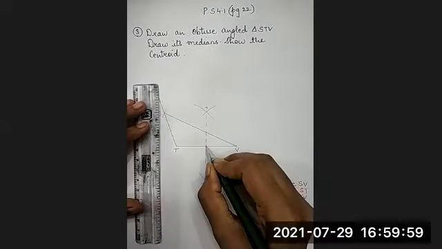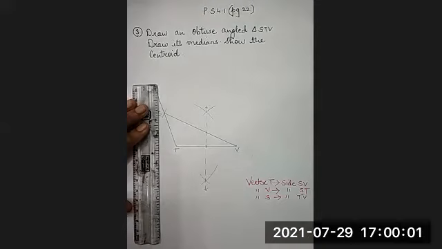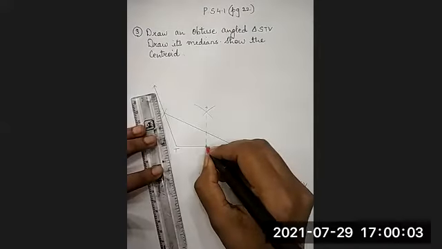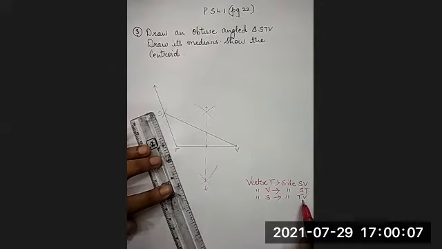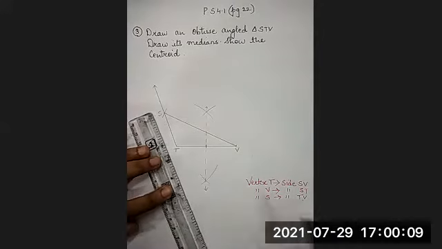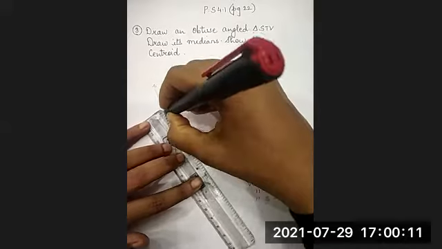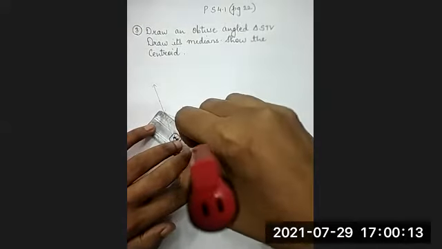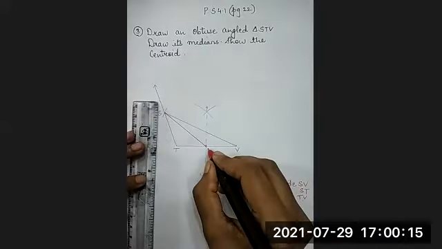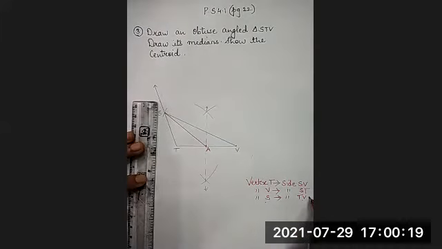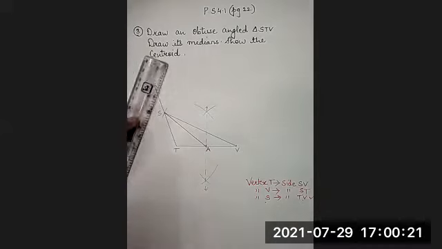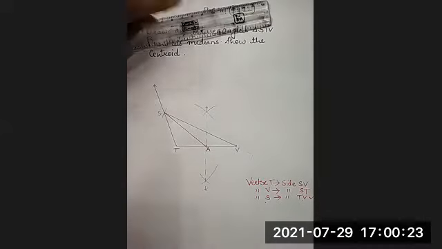So what I need is this point, that is the midpoint. Now this is on side TV. So for side TV, the vertex is S. So from this vertex S, we have to join to this midpoint. I'm naming this midpoint as A. So this is over and I got my first median.